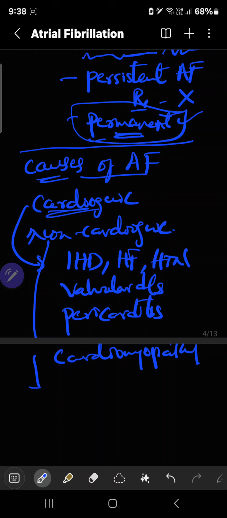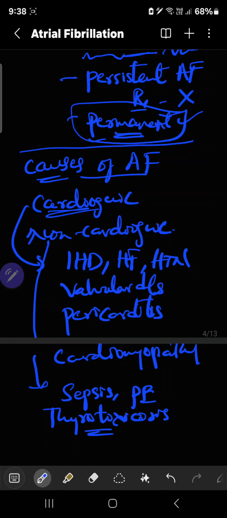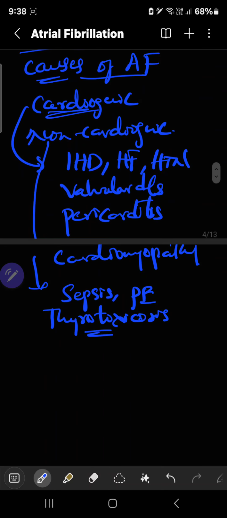Now the non-cardiogenic causes, most commonly sepsis. In sepsis, pulmonary embolism, and then thyrotoxicosis, where the thyroid hormone will be more, and this will cause arrhythmias.